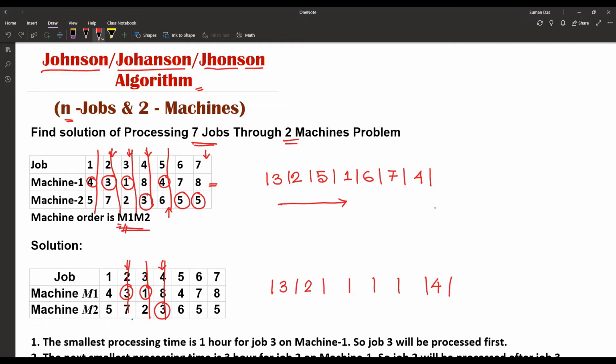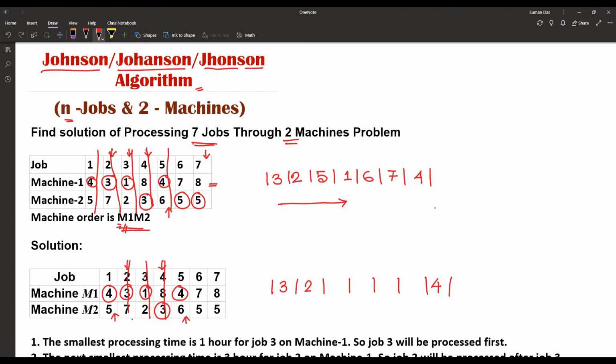Next we check once again the next minimum processing time, which is 4. As we said before, we have to check the largest processing time for machine M2.